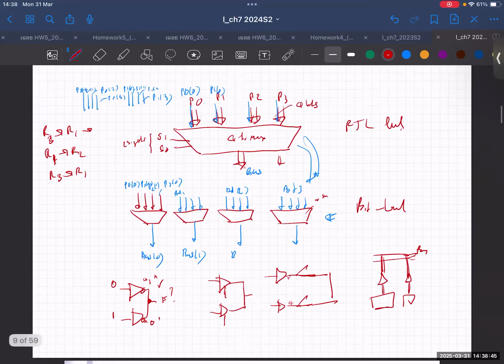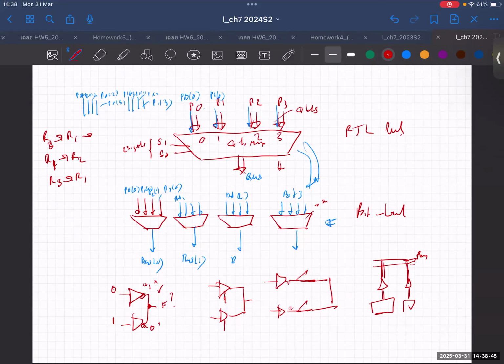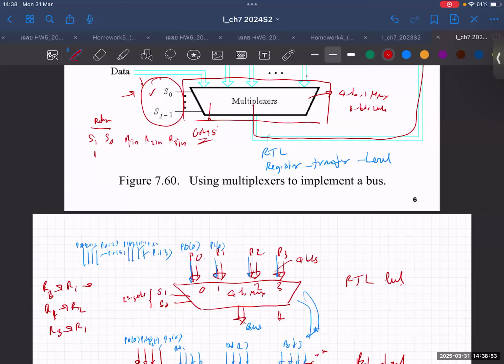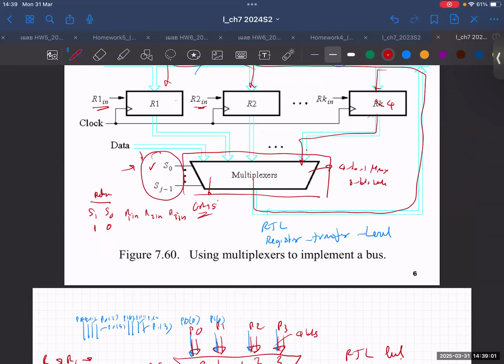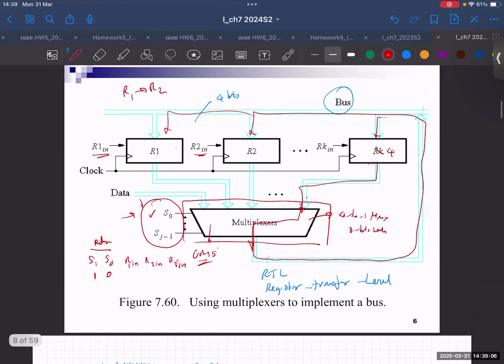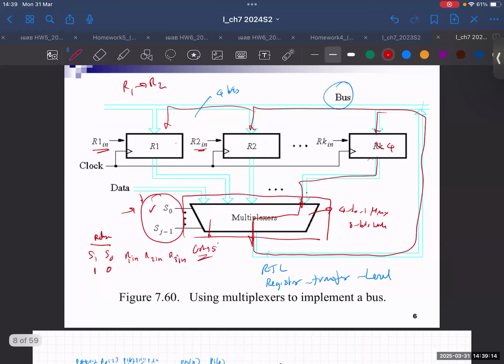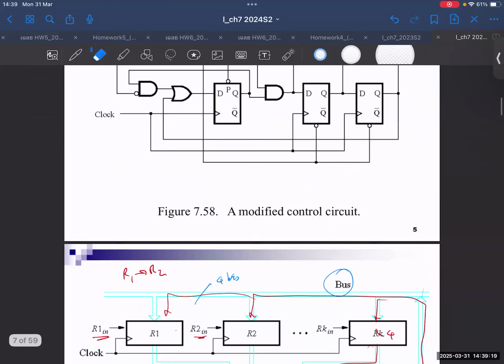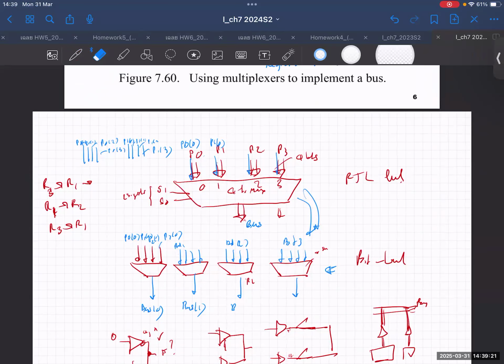If you look at this, it is port 0, 1, 2, 3. So R3 is here, port 2. Port 2 means that S1 and S0 are 1, 0, right? We select this port, let this one go, and select this one out, which is R3. Sorry, the first step is R2 to R3, R1.